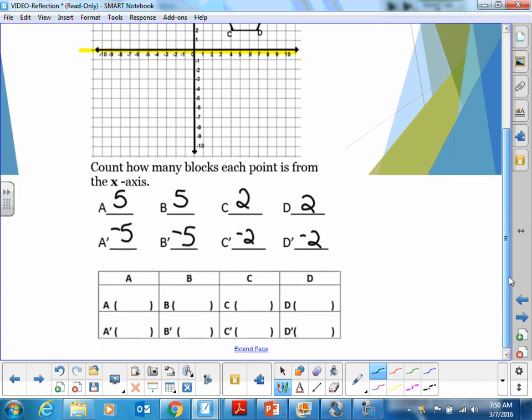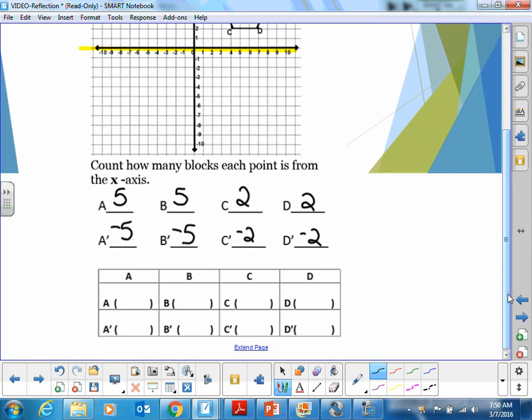So then, if we write down our points, our original point was at 3, 5. So our new point, because we're going over the x, the x stays the same, and the sign changes for our y. That's all we're doing. B was at 8, 5.